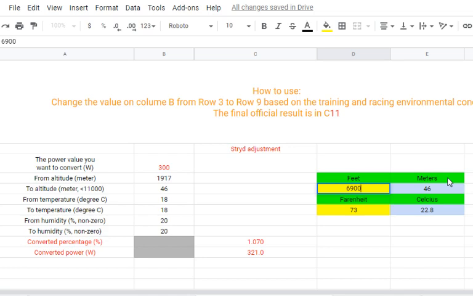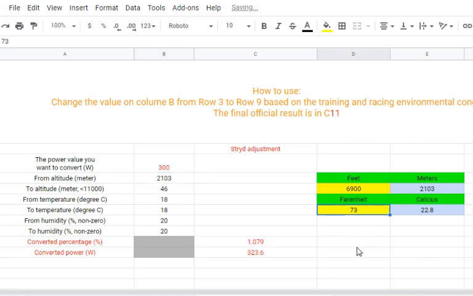I do work interchangeably in meters and miles, but for these I like to have a calculator to be accurate. So 6,900 feet is 2103 meters, which I just entered here into the from. That's where they're coming from.